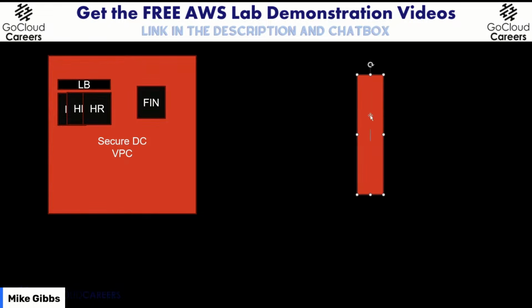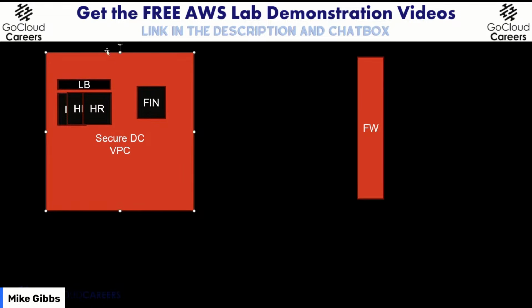Load balancer. This stuff is internal to our VPC. Same thing, let's say we only need one finance server. Out here, we're going to have some kind of a firewall type architecture. And this is not what it would look like. We'd need a lot of layers. But this is a firewall type architecture that we might have.